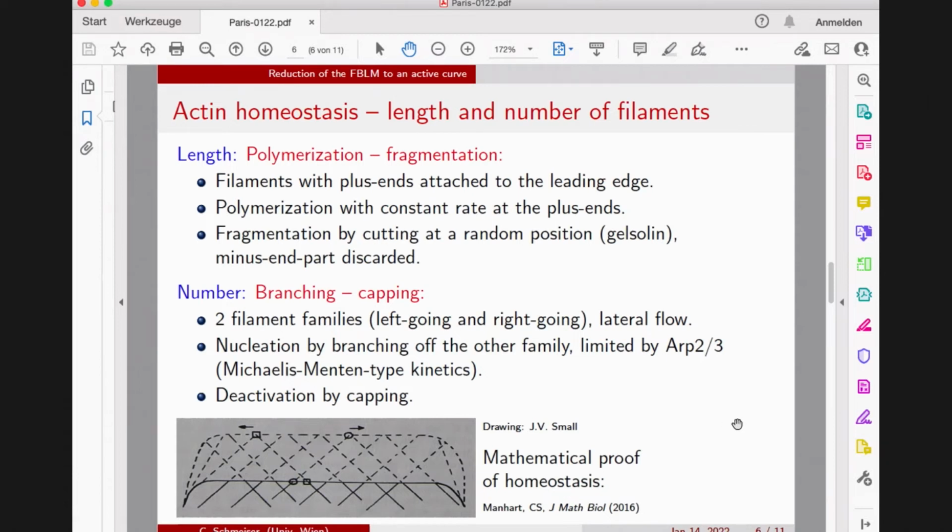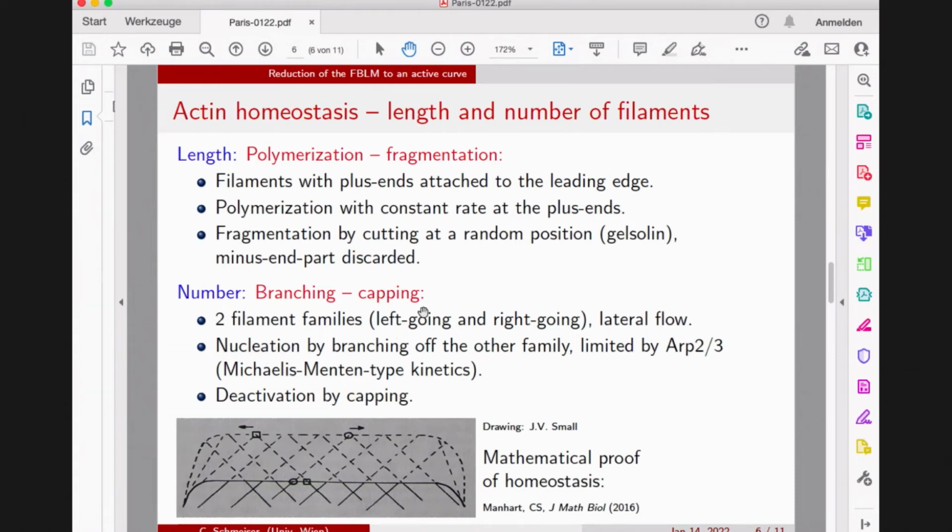So for the biologists, it's a mathematical proof of homeostasis of the actin filament system, so that you get convergence to a steady filament length and number distribution, or not number distribution, sorry, length.